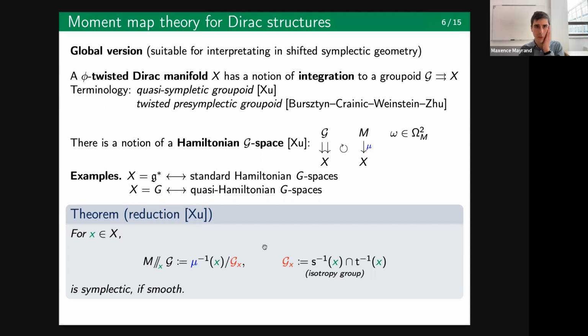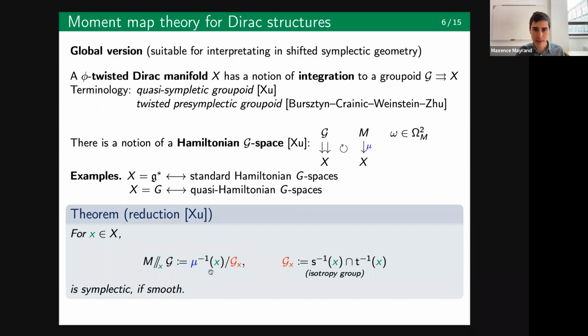So it looks like a theory of symplectic reduction by groupoids, but the issue is that in the end we're still quotienting by a group, an ordinary group G_x. So this cannot in any way recover the construction of Ginzburg and Kazhdan, since the quotient at the end was by a groupoid. So we have to generalize that.